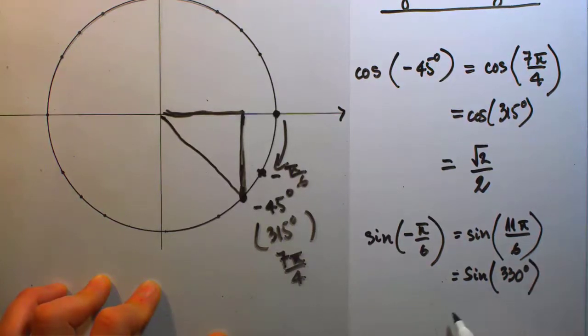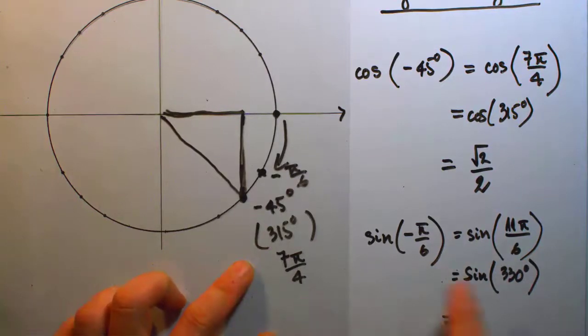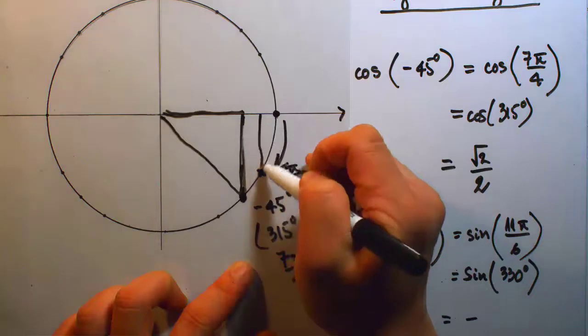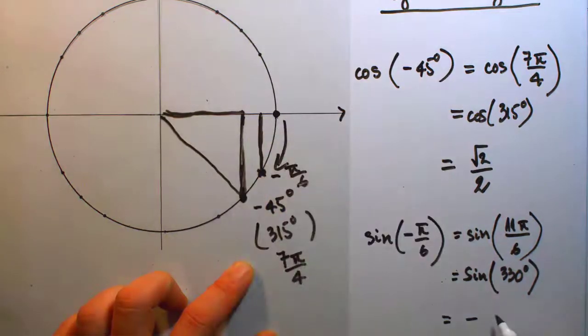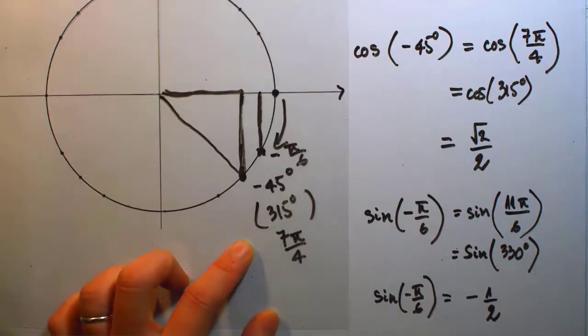All of these values turn out the same because they are coterminal, and they all turn out being negative for the vertical coordinate, negative 1/2. So sine of negative pi over 6 equals negative 1/2.